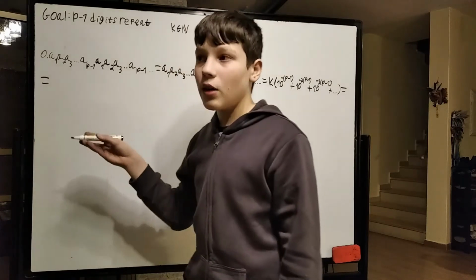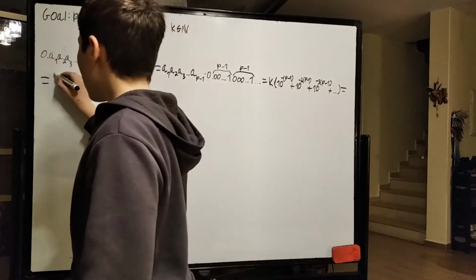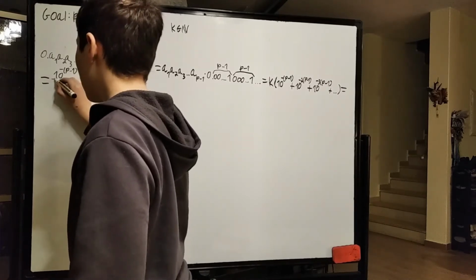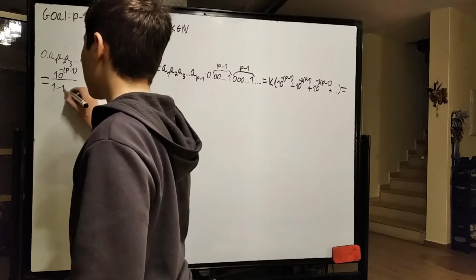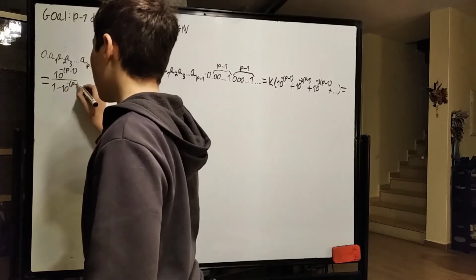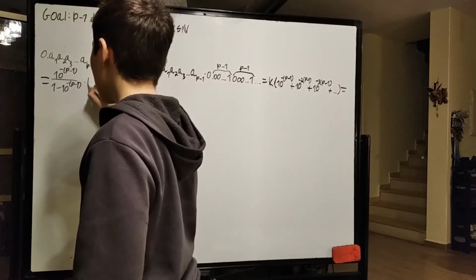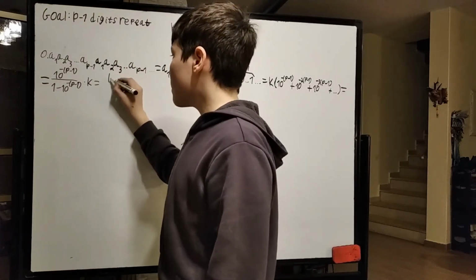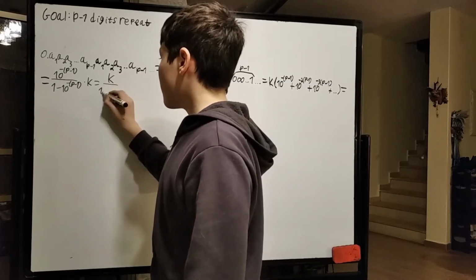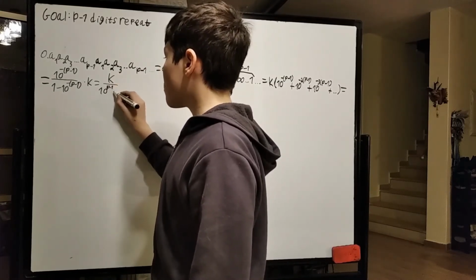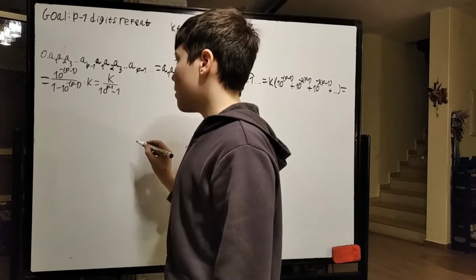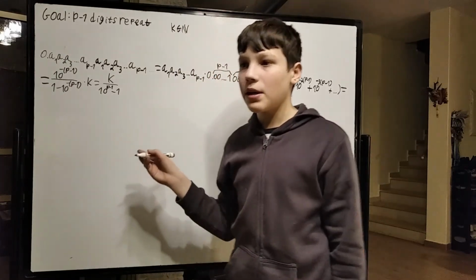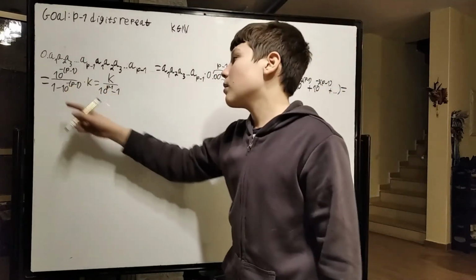And by the formula of a over 1 minus r, we get 10 to the negative p minus 1 over 1 minus 10 to the negative p minus 1, this entire thing times k, which we can simplify into k divided by 10 to the p minus 1 minus 1, just by multiplying by 10 to the p minus 1 on the top and bottom of this fraction.